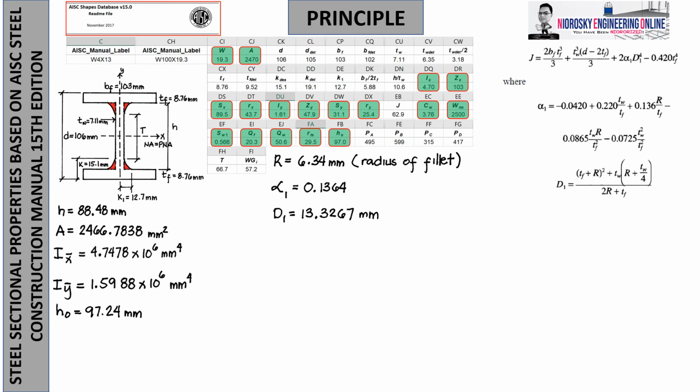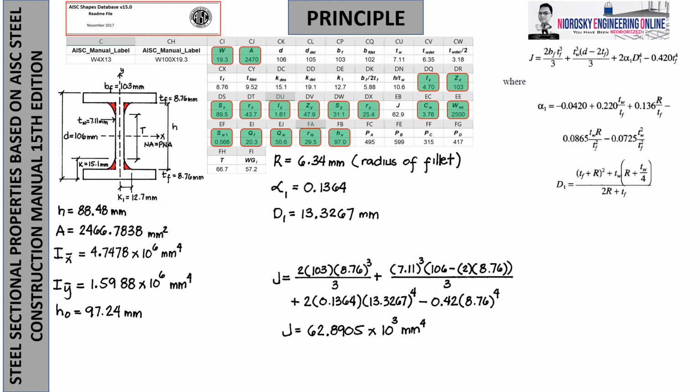Okay, then plugging in, makukuha natin 62.8905 times 10 to the 3, which is close enough sa value ng 62.9. So imagine, kung wala tayong correction factor, medyo liliit pa yung values natin, pwede lumaki. But usually, hindi siya malapit sa 62.9. Around 50, I think, yung na-compute ko before. So therefore, importante na i-consider yung correction sa rotation kasi malaking factor siya sa pagkakaroon ng rotation theta pag nagkaroon ng involvement si torsional threshold.